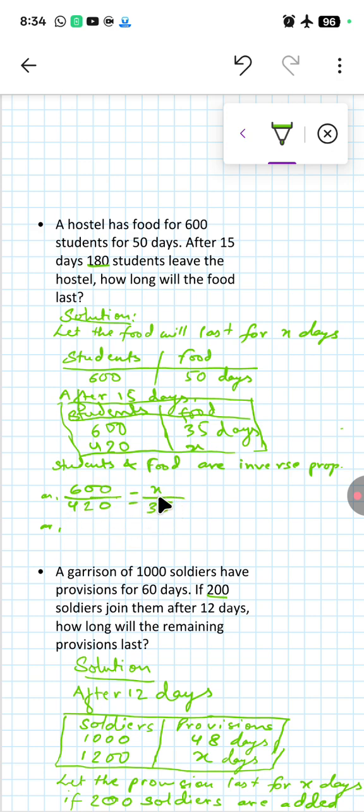Now let us reduce them. 0, 0, 7 6s are 42, 7 5s are 35, 6 10s are 60. So 10 into 5, that is equal to, x is equal to 50 days. So the provision is going to last for 50 days.